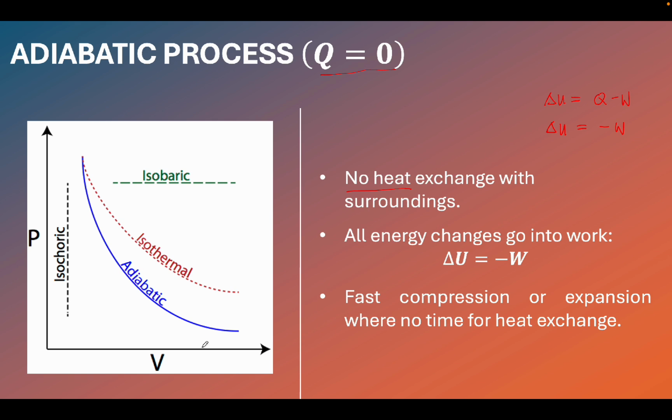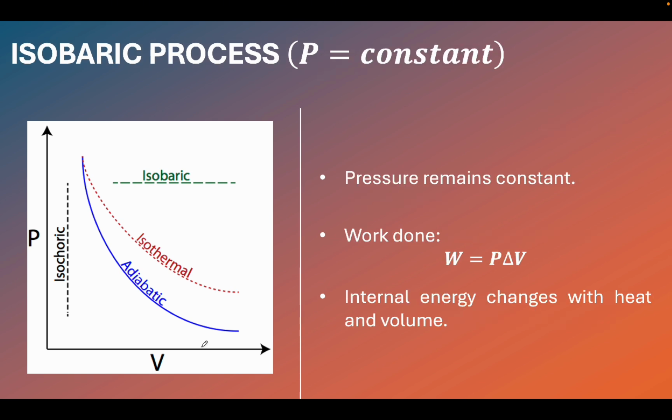Now, let's proceed to the third one, isobaric. Isobaric means that the pressure remains constant, but the volume and the temperature may change. So, we have the work done. The formula for the work done is expressed as work is equal to pressure times the change in volume.